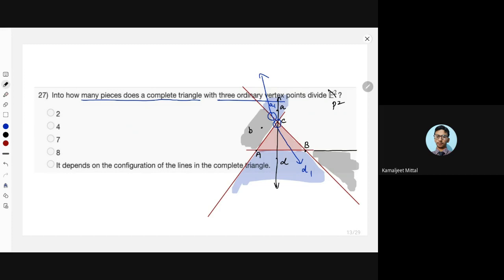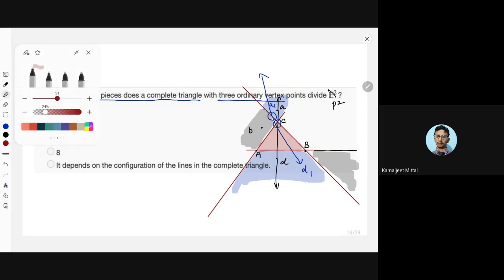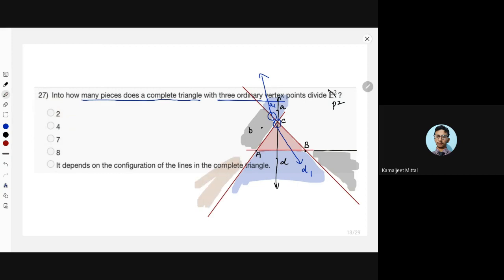Similarly, you can guess what else. I need to use a different color. This region along the lines, and this region will be the same. So how many regions does it partition into? One, two, three, and four. It partitions into four regions. So this will be the answer.